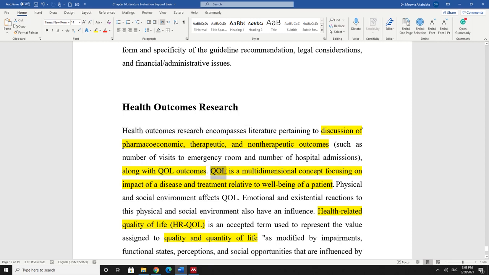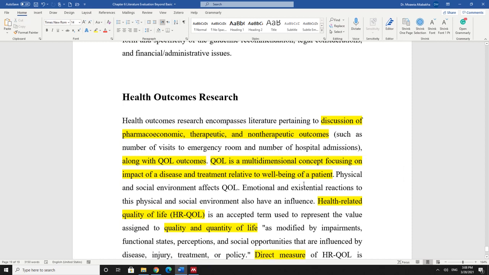But what do I mean by quality of life? It's a multidimensional concept and it talks about the impact of disease and treatment relative to the well-being of the patient. Well-being of the patient, meaning how do you feel? You know, if you are handicapped or you cannot function, you cannot see, you cannot talk, or you cannot walk, this will affect your well-being, or if you are in a lot of pain.